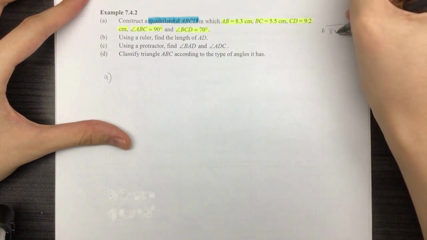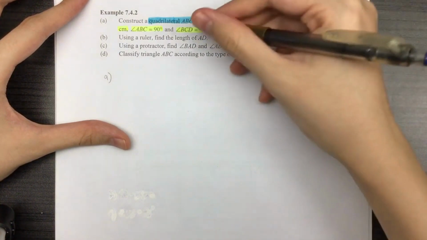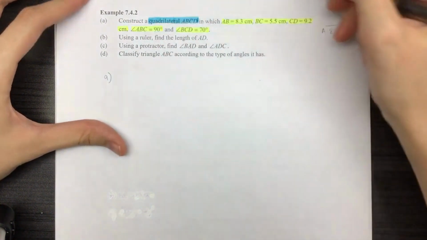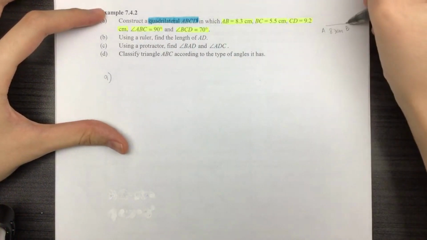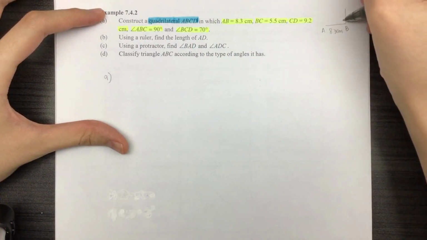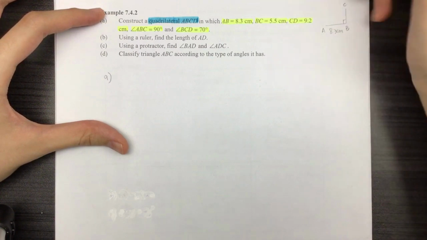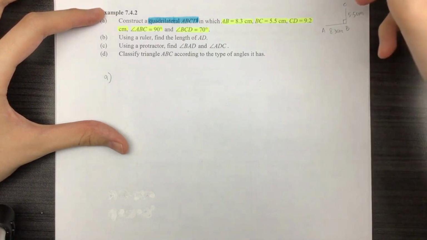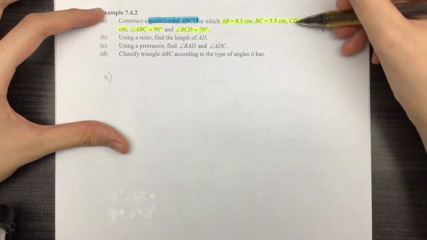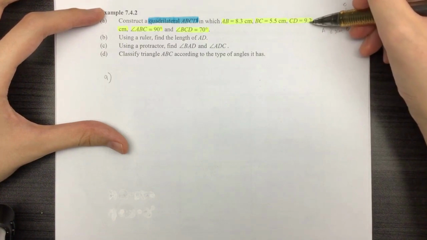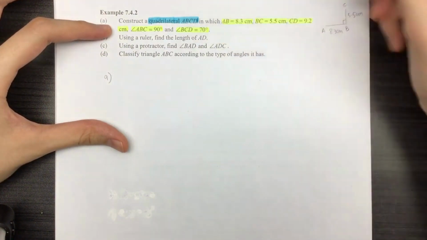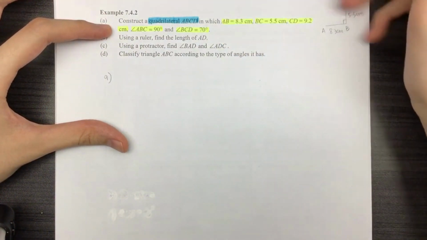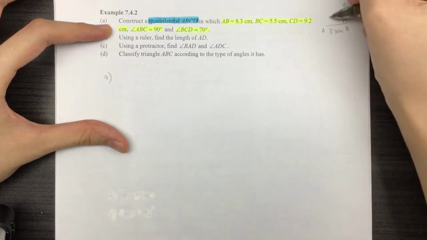AB is 8.3 cm. In this case, angle ABC is 90 degrees. So BC is 5.5 cm, just drawing a rough drawing. And CD equals 9.2 cm with angle BCD to be 70 degrees.